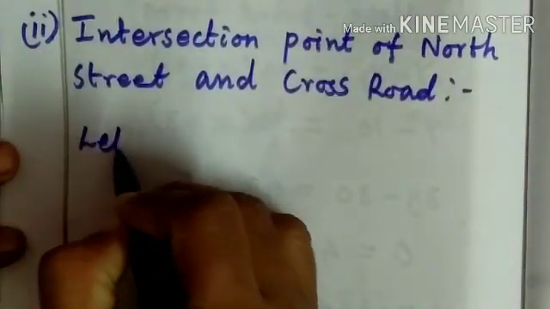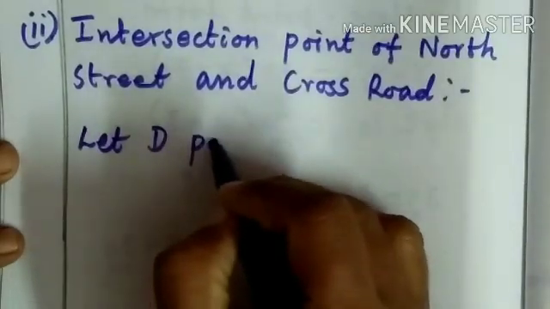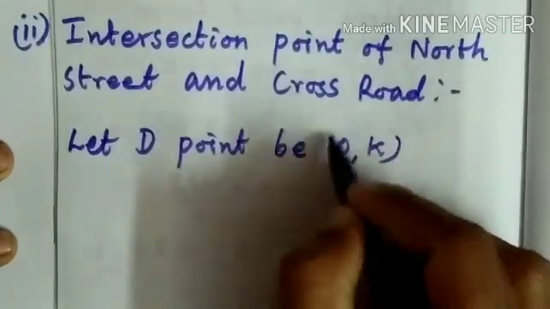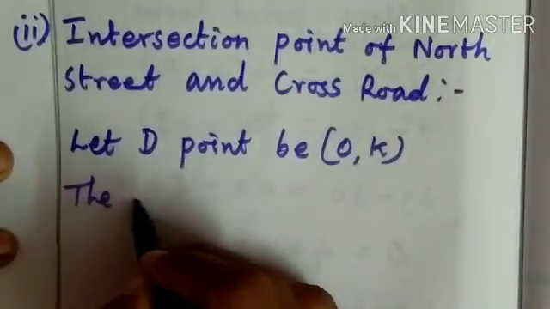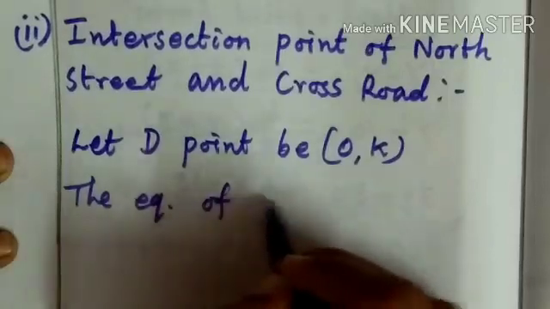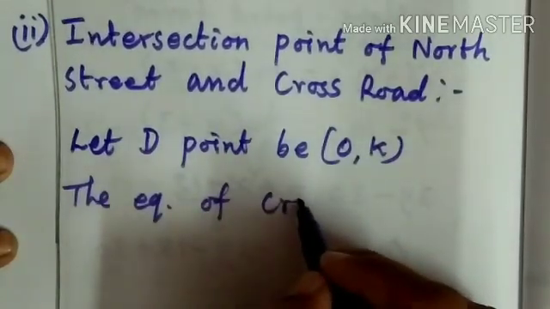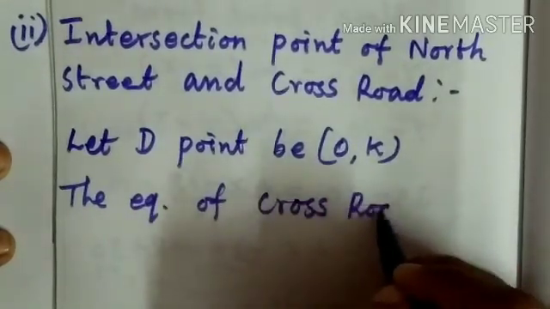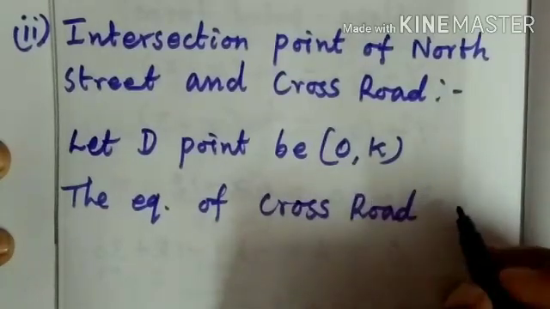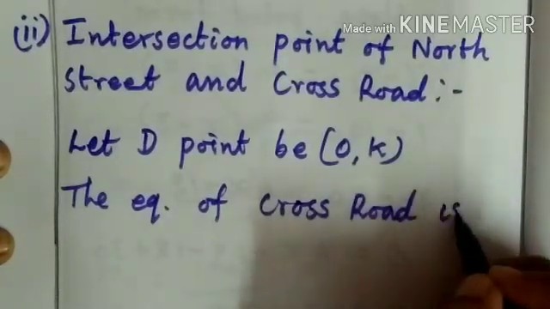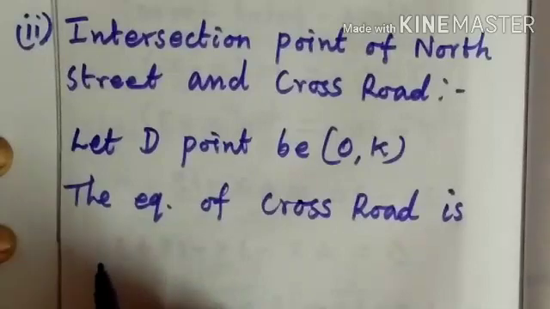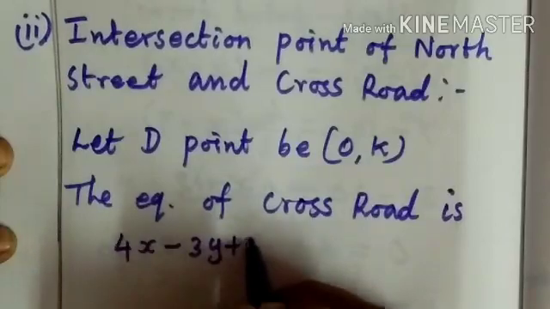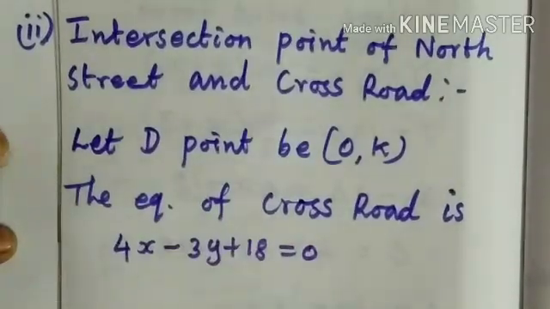Let D point be (0, K). The equation of crossroad is 4x minus 3y plus 18 is equal to 0.